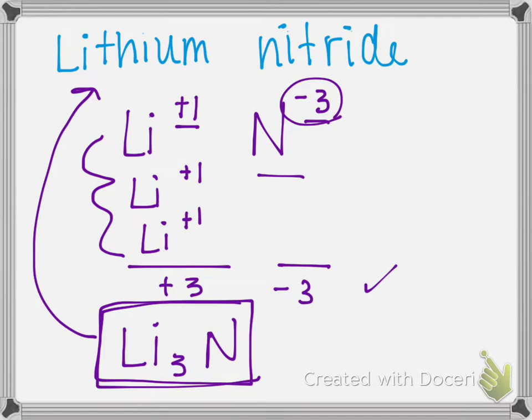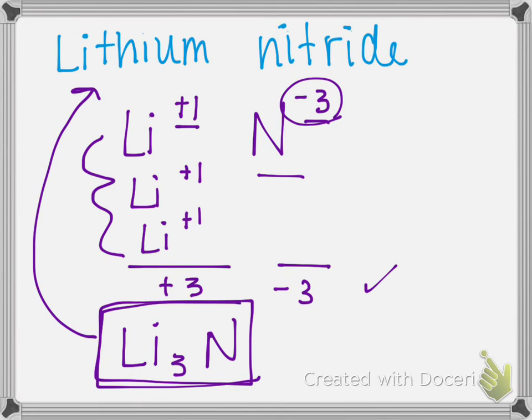All right, now I'm going to show you an even quicker way to make it happen. Let's look again at lithium nitride, the example we just finished. I'm going to do it over here on the side, in a different color, so we can see how the process is a little different. Lithium nitride, we said, was lithium +1 and N -3. Those are the ions we need to put together.